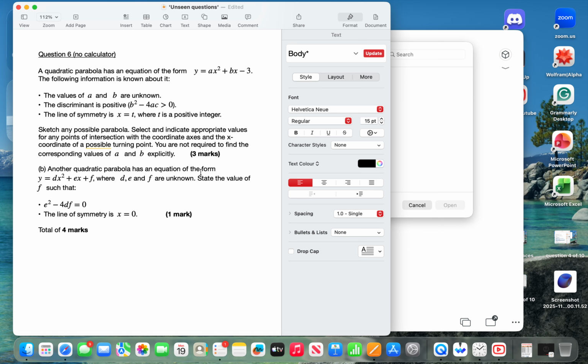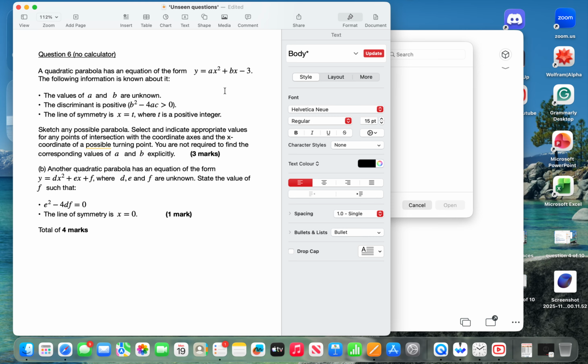But let's go through this. So a quadratic parabola has an equation of the form y equals ax squared plus bx minus 3. And we know that the values of a and b are known. The discriminant is positive. So the discriminant is b squared minus 4ac.